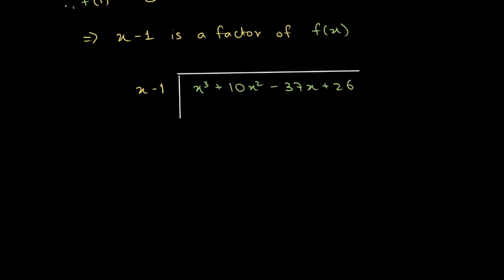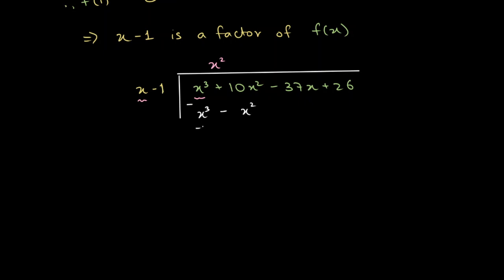Okay, so starting off with the highest term, we have x cubed here and x here. X cubed upon x gives me x squared. X squared into the divisor now. So x squared into x is x cubed. X squared into minus 1 is minus x squared.